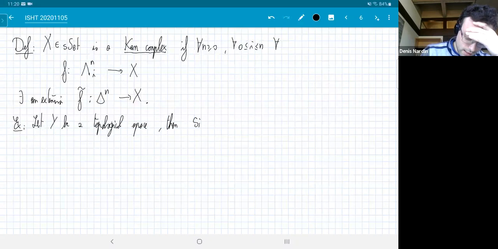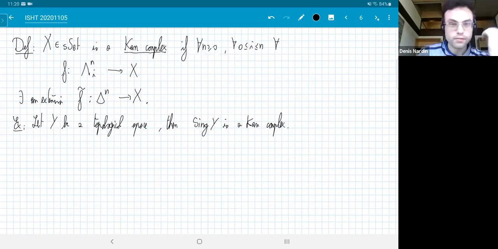Then Sing Y is a Kan complex. So that's good. In a sense, Kan complexes we should think of as simplicial sets that behave like Sing of something. So it's good that Sing of something is indeed a Kan complex.